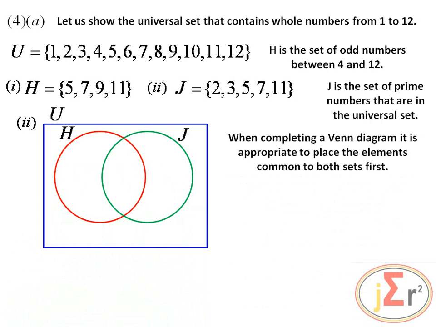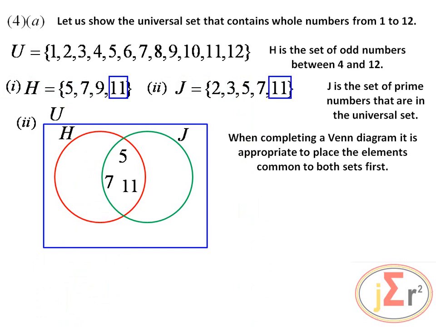When completing a Venn diagram, it is appropriate to place the elements common to both sets first. Five belongs to H and J. 7 also belongs to H and J. Those elements are placed in the Venn diagram first.